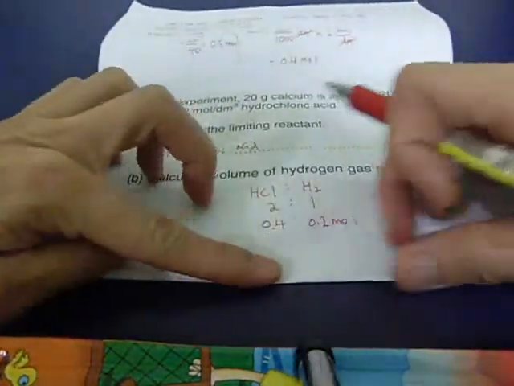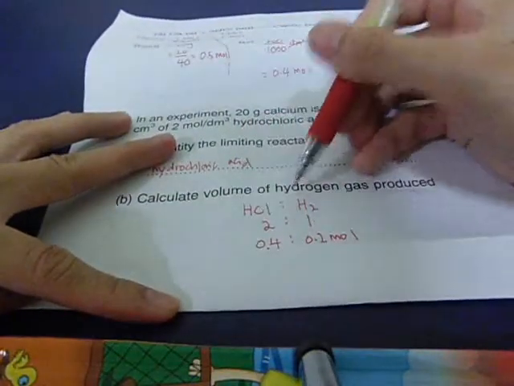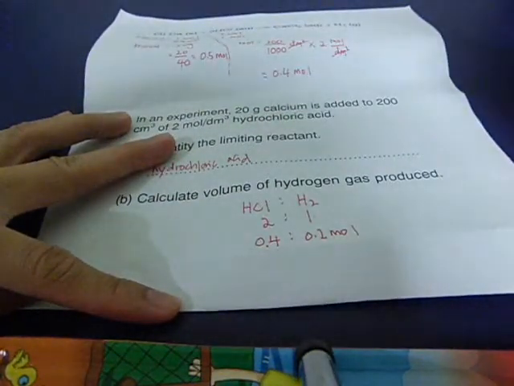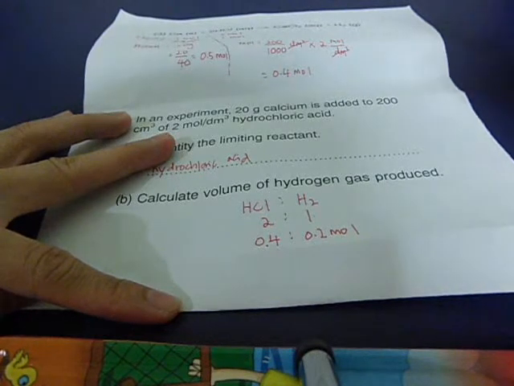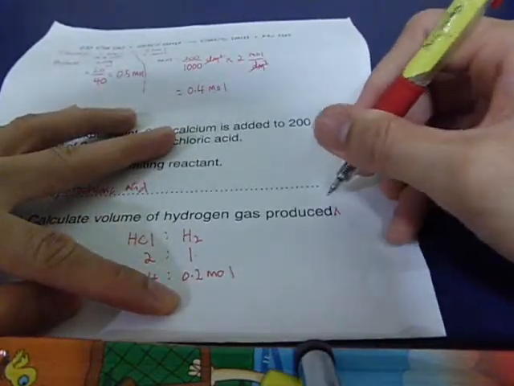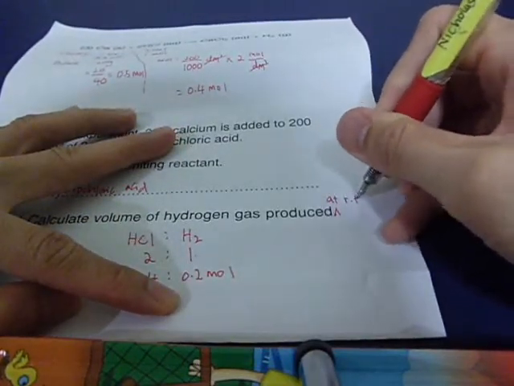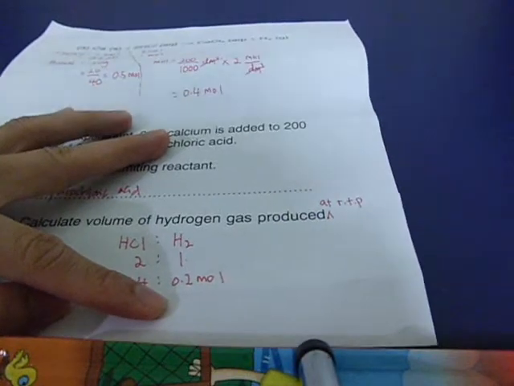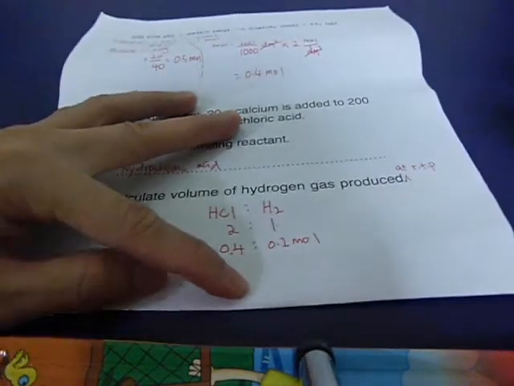Now 0.2 mole of hydrogen, what is the volume? What is the volume of hydrogen? We know that 1 mole of any gas would occupy 24 dm cube at room temperature and pressure. Now this one should be the volume of hydrogen gas produced at room temperature and pressure. 1 mole occupies 24 dm cube.